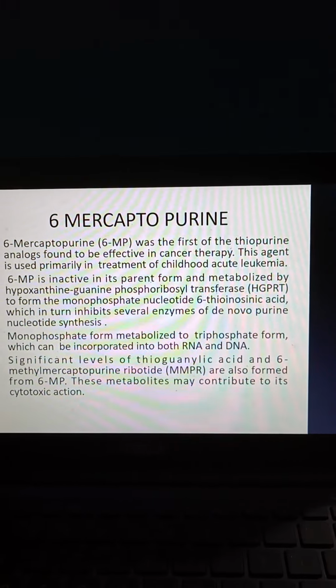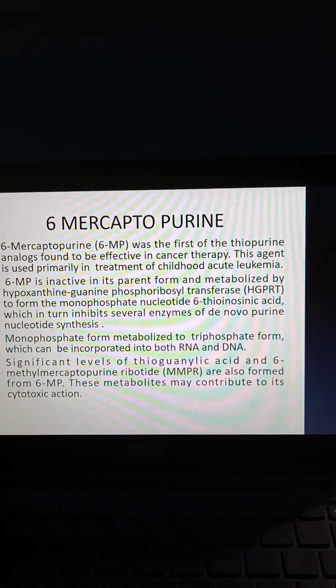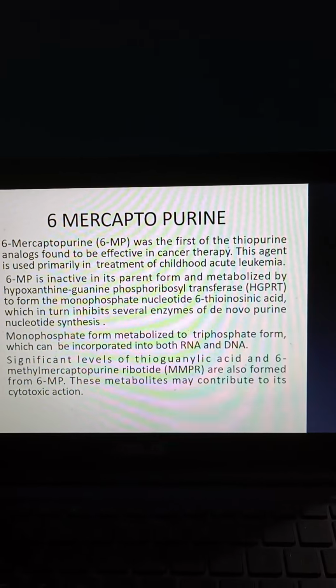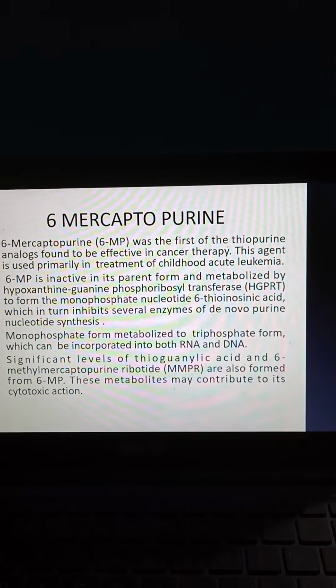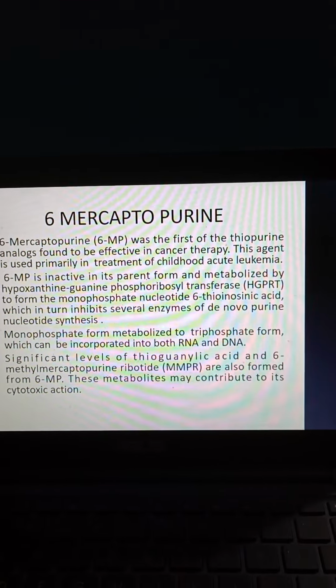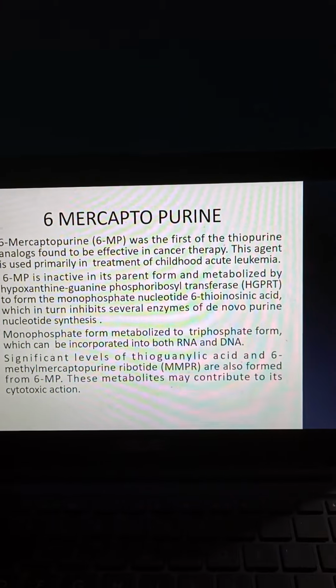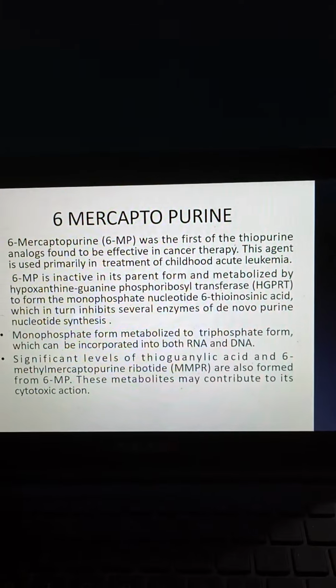Then the monophosphate form is metabolized to the triphosphate form, which can be incorporated into both RNA and DNA. Significant levels of thioguanylic acid and 6-methyl mercaptopurine ribotide, MMPR, are also formed from 6-MP. These metabolites may contribute to its cytotoxic action.